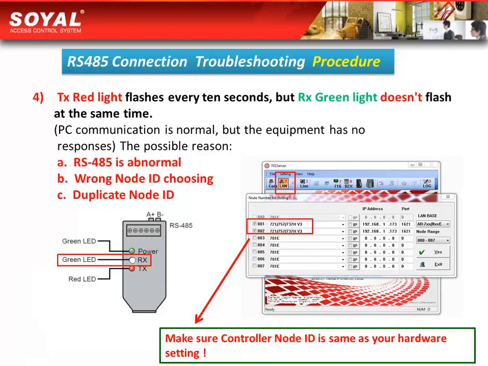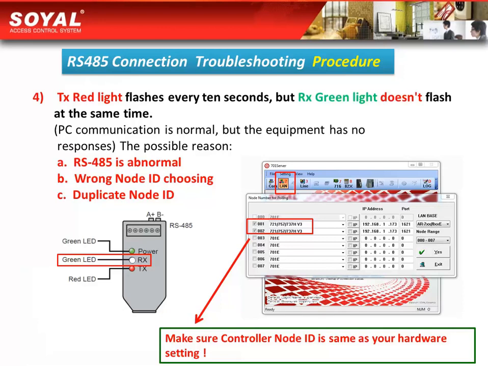Fourth, check whether the TX red light flashes every 10 seconds. If the TX red light flashes every 10 seconds, but the RX green light doesn't flash at the same time, it means that the PC communication is normal, but the equipment has no responses. There are three possible reasons.